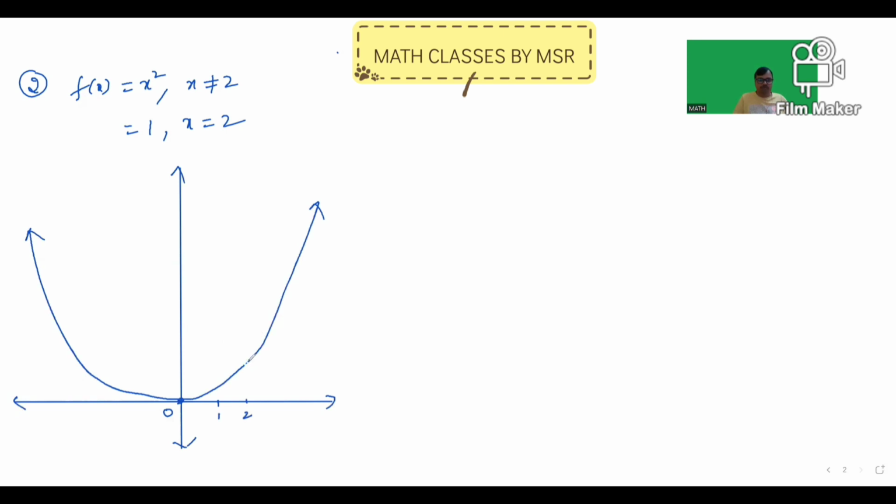At 2, there is a gap. There must be a gap, right? Because at 2, the function value is not exactly the value of the given function. That is much better to understand.